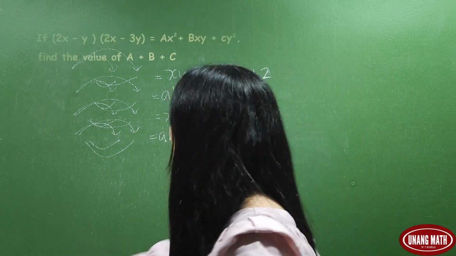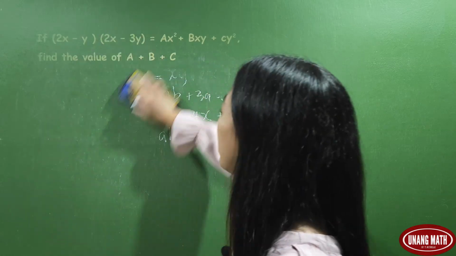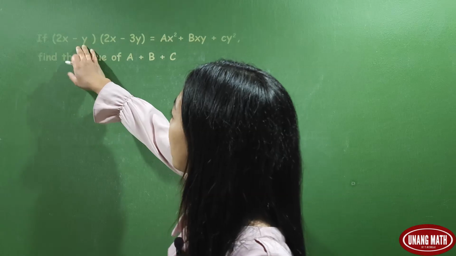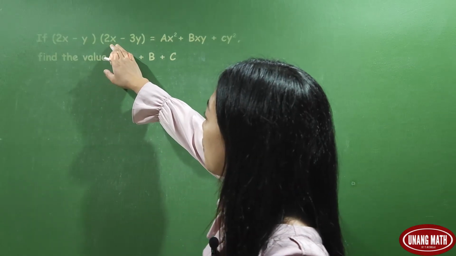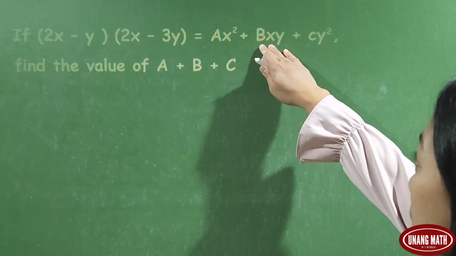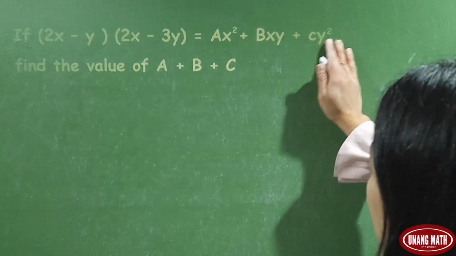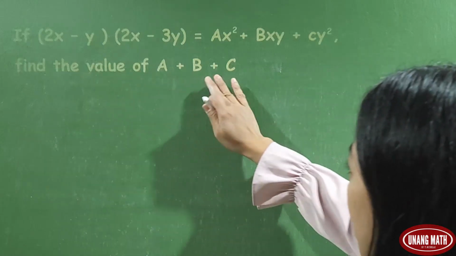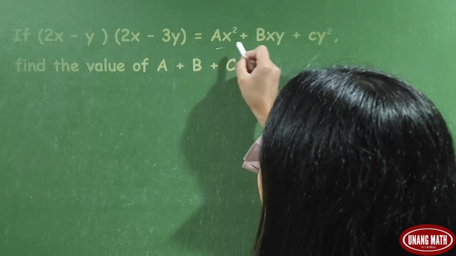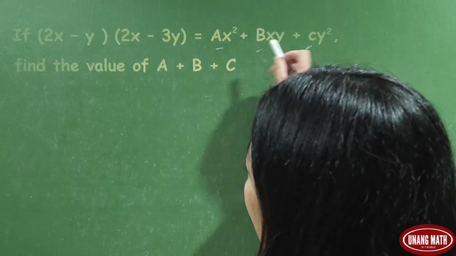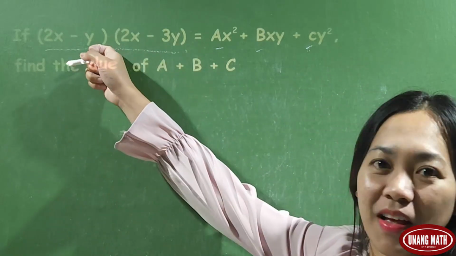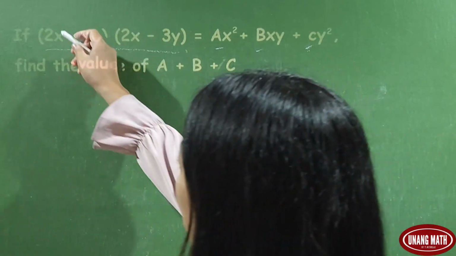For this time, let's answer these simple problems. If this polynomial 2x minus y times this polynomial 2x minus 3y is equal to ax squared plus bxy plus cy squared, find the value of a plus b plus c. To find the values of a, b, and c here, we are going to use the distributive property to expand these expressions.